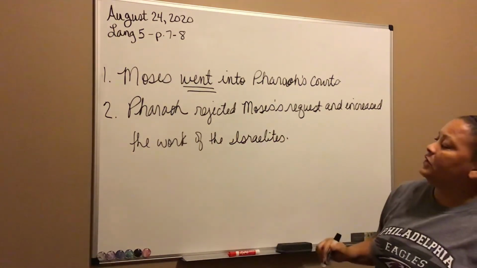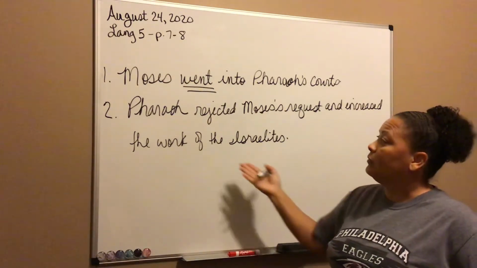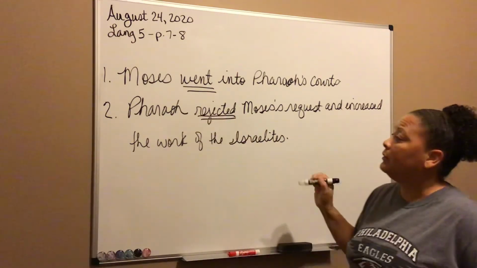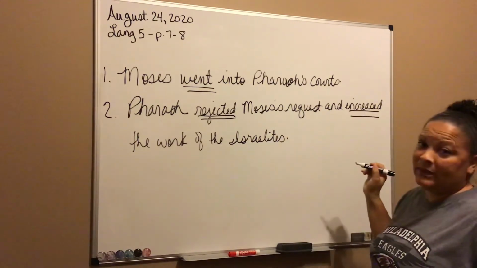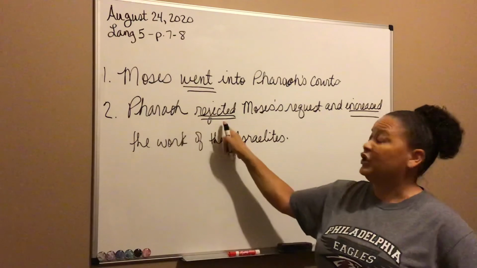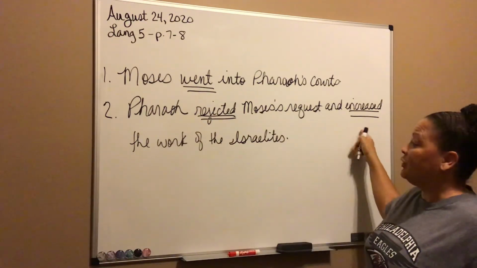Okay, so what is happening in this sentence? Pharaoh did what? He rejected. And what else did he do? He also increased. So there are two things that Pharaoh did. He rejected Moses' request, then he increased the work of the Israelites.